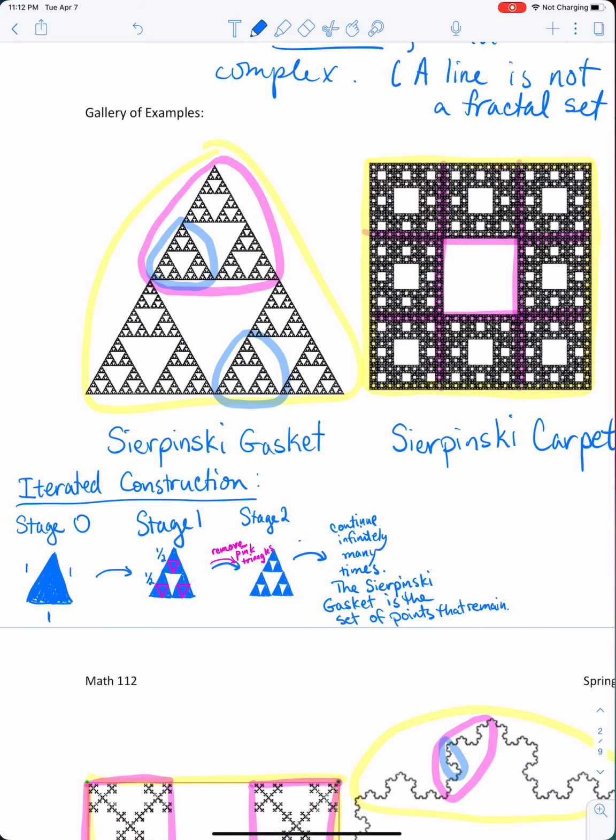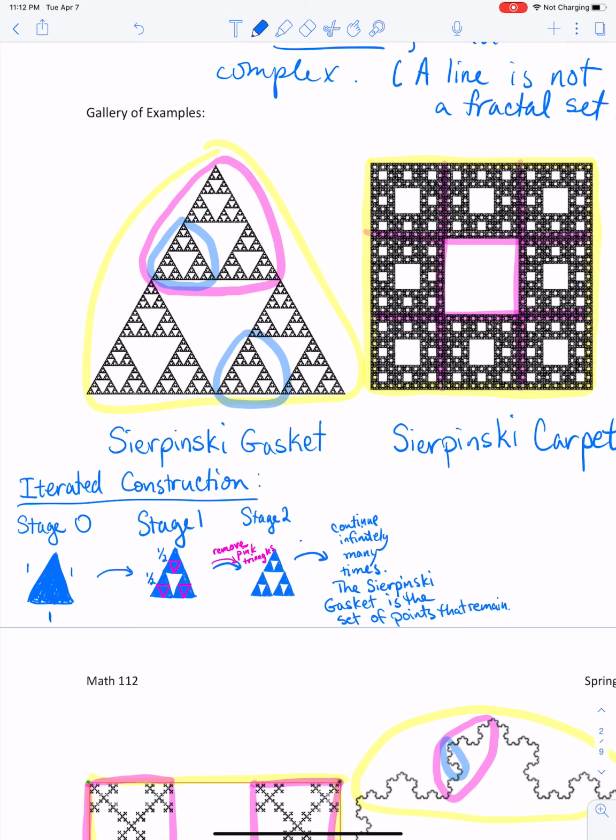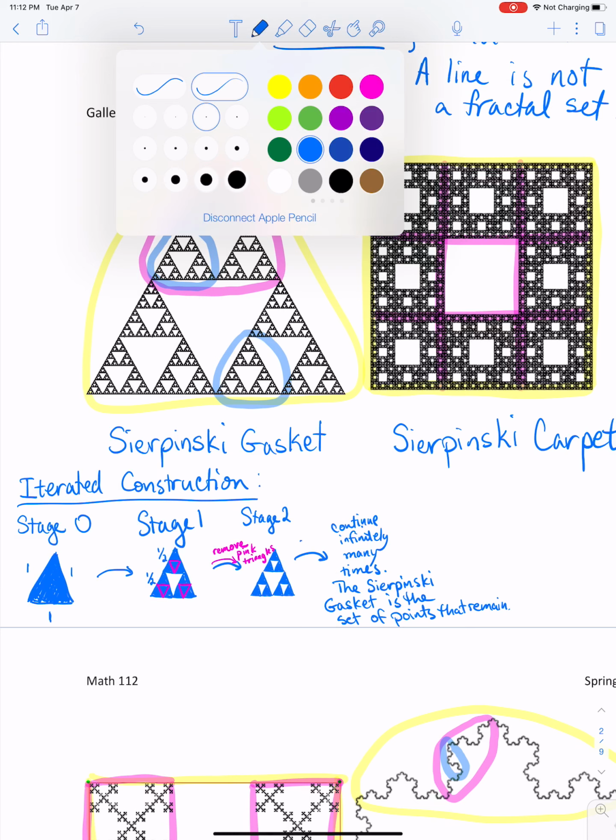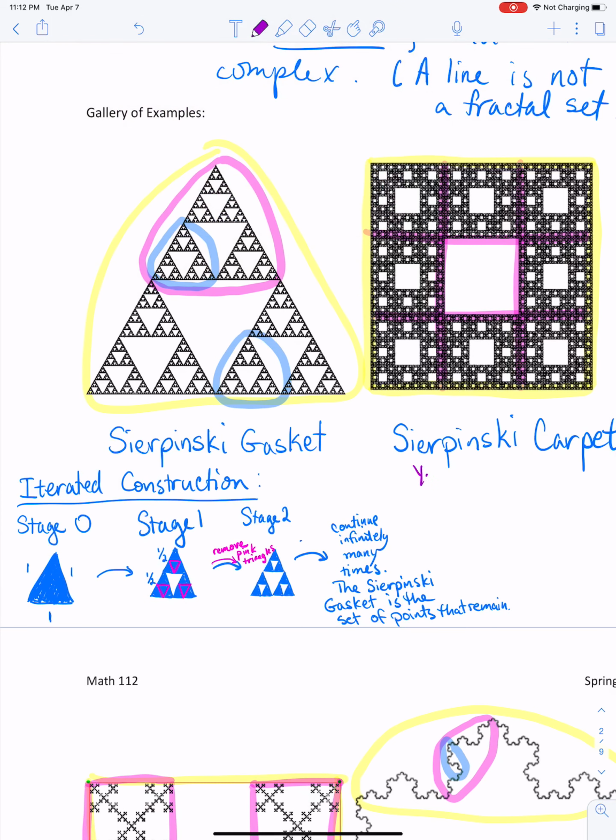All right, so I'm going to stop the video here, and the your turn exercise will be to write down the stages of the Sierpinski carpet.